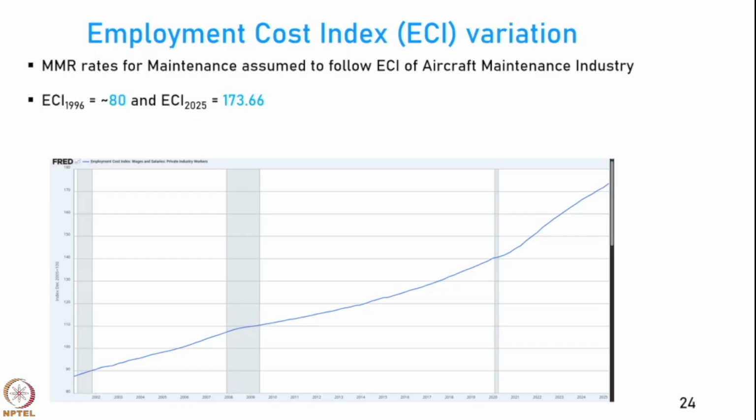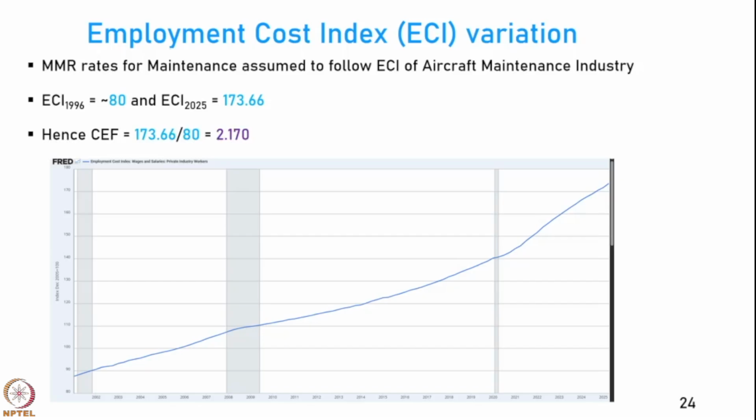The ECI value in 1996 is approximately 80, and in 2025 it is 173.66, which means that the cost of manpower has more than doubled from 1996 to 2025. The exact number is 2.170.